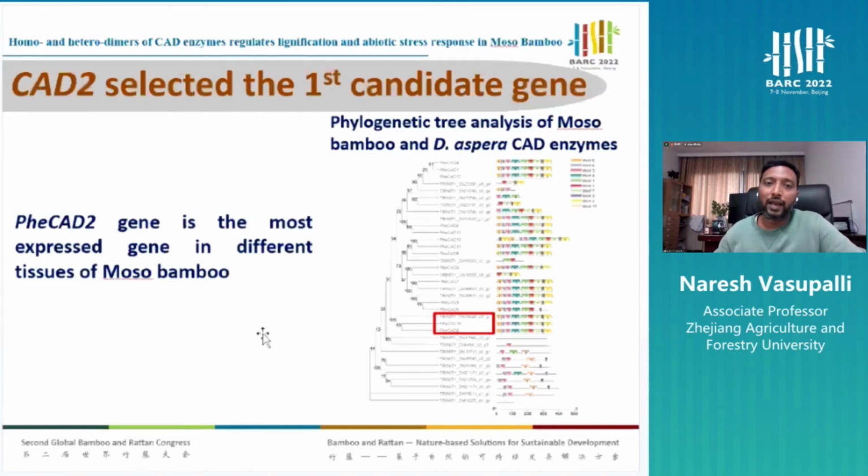Initially, I selected CAD2 as a candidate gene because Moso bamboo CAD2 is expressed in most tissues we analyzed. By using phylogenetic analysis and expression analysis, we also identified CAD2 of Dendrocalamus.